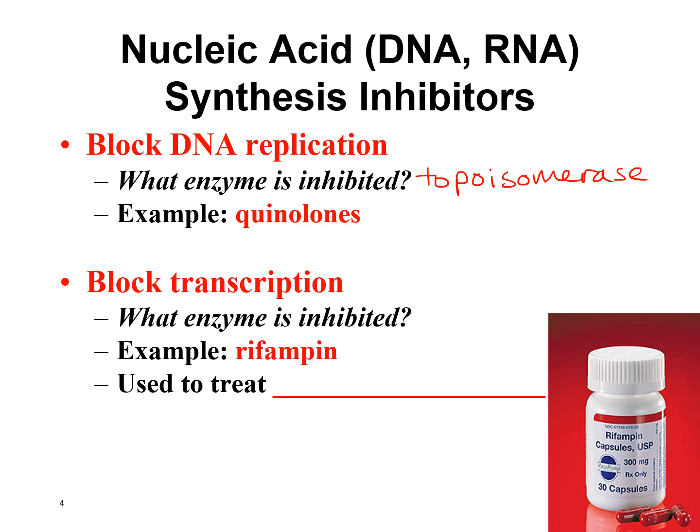The enzyme that rifampin will inhibit is RNA polymerase, because that's the enzyme that does transcription. Rifampin is used to treat mycobacteria, so that would be used to treat, for example, TB and leprosy.